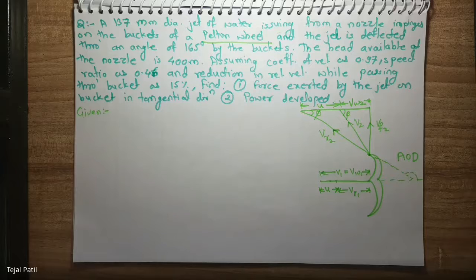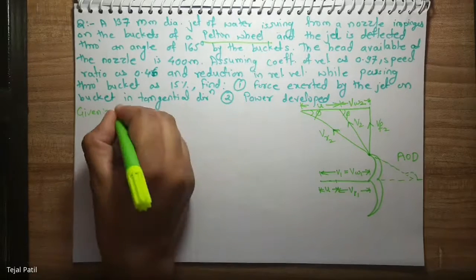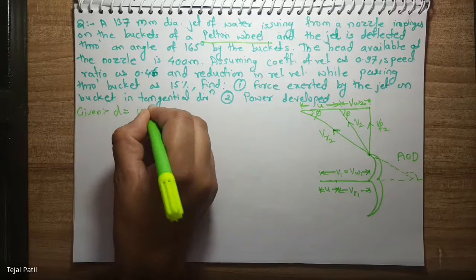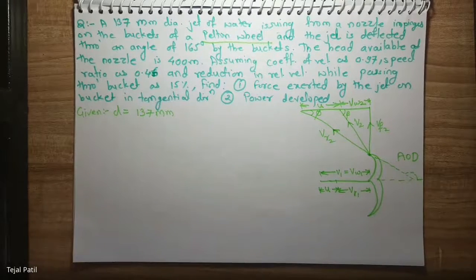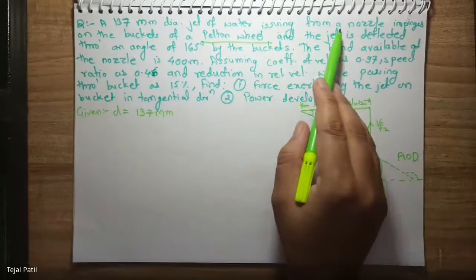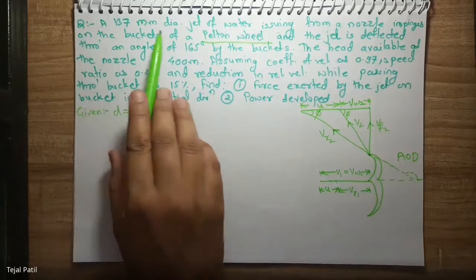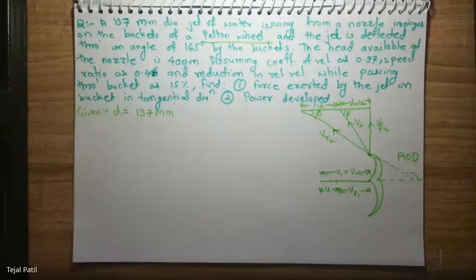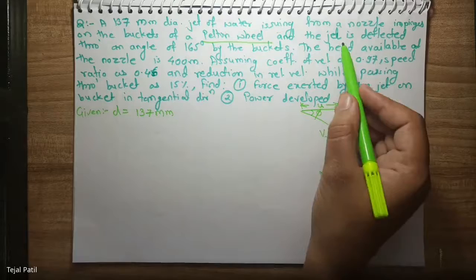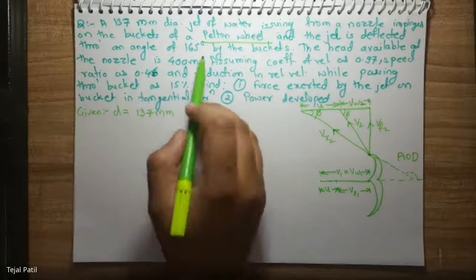So what is given here? 137 mm diameter of the jet. That means small d is given to you as 137 mm, right? Issuing from the nozzle, it impinges on the bucket of the Pelton wheel. So that is the diameter of the jet which is going to strike the Pelton wheel. And the jet is deflected through an angle of 165 degree.